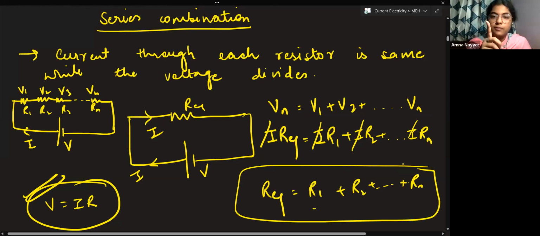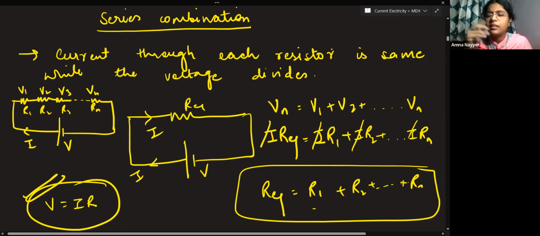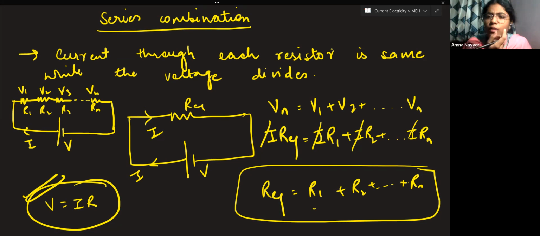Now remember one thing: in your board exams, this derivation is rarely asked. If you have very good luck, it can come for 3 marks, but the series-parallel derivation does not come in the board exam. I haven't seen it coming in many years.